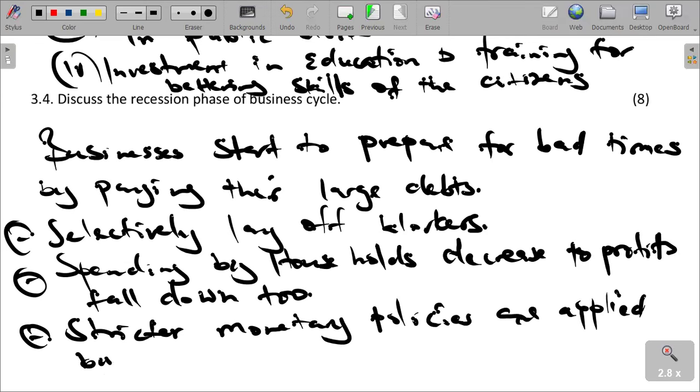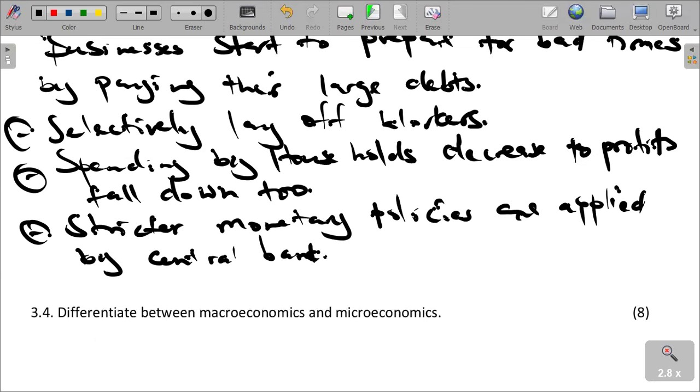Central bank applies stricter monetary policies because inflation is high.